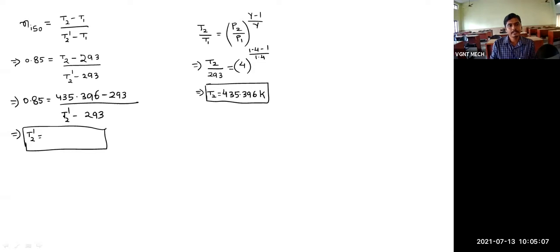Solve this one and tell me the value of T2 dash. T2 dash we are getting 460.525 Kelvin.